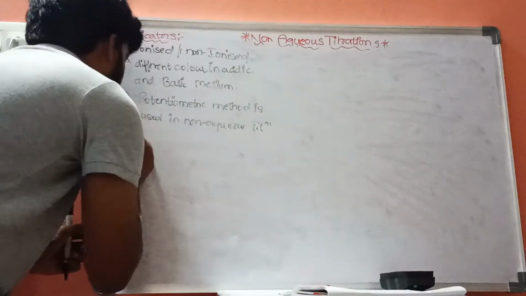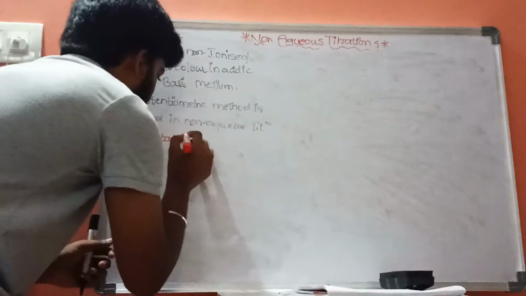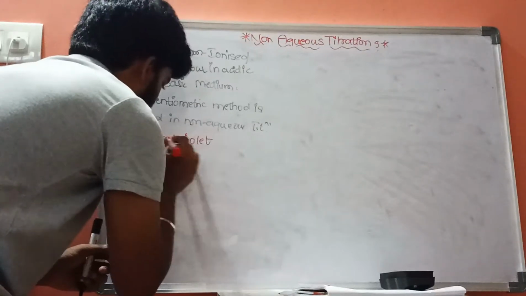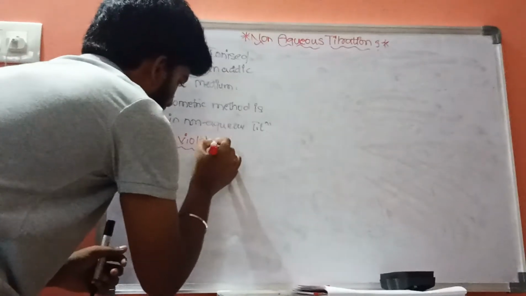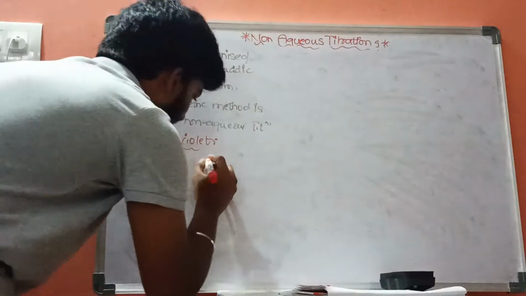First is crystal violet. This is crystal violet. Now let us draw the structure of crystal violet.